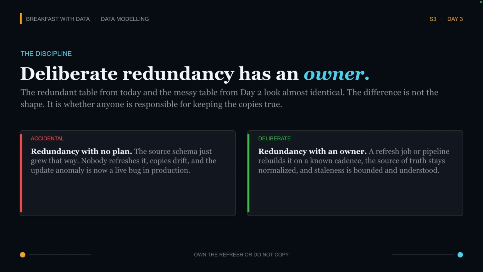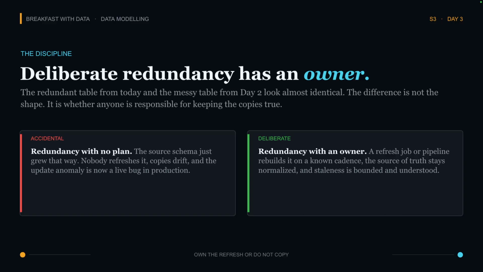What is the discipline? Deliberate redundancy as an owner, right? The redundant table from today and the messy table from day two look almost identical, right? So if you look at the query that we wrote before we did pre-aggregate, it's almost the same thing.